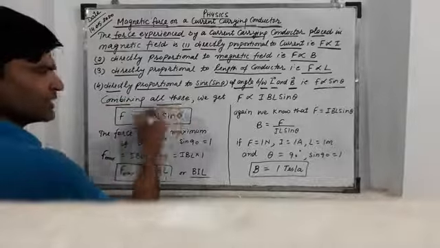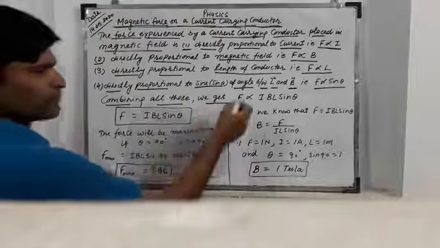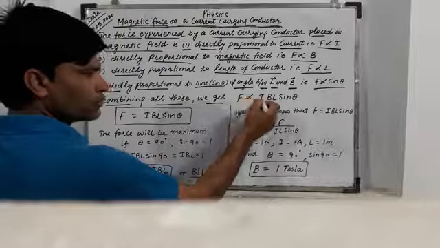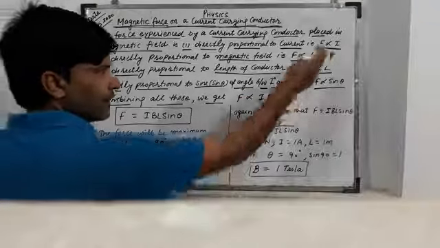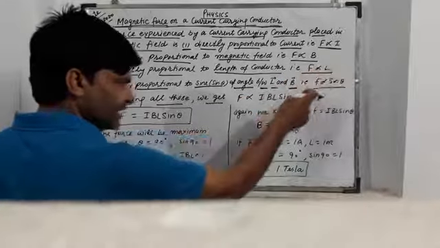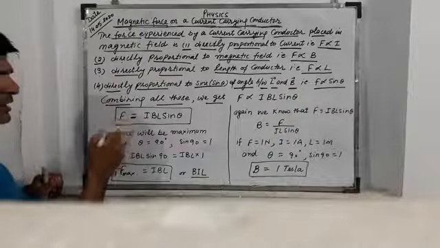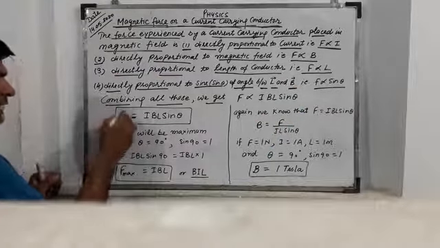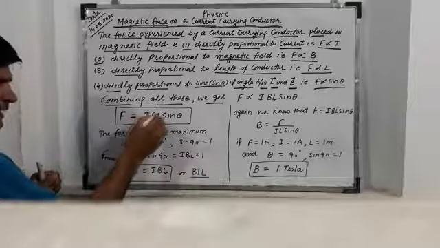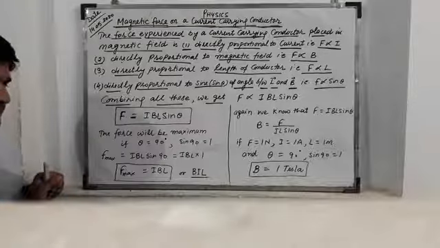Combining all these we get F proportional to IBL sine theta. Removing the proportionality, we get F equal to IBL sine theta.